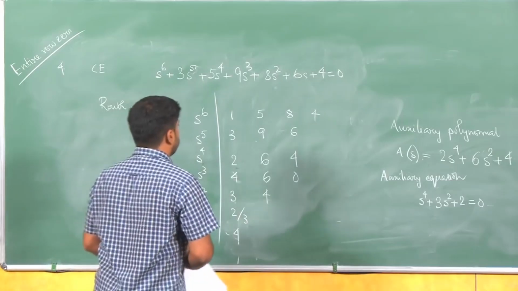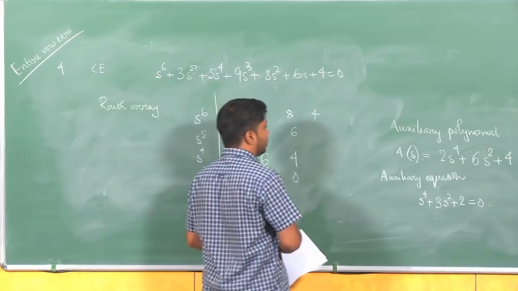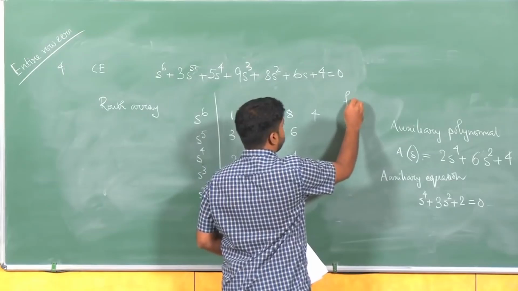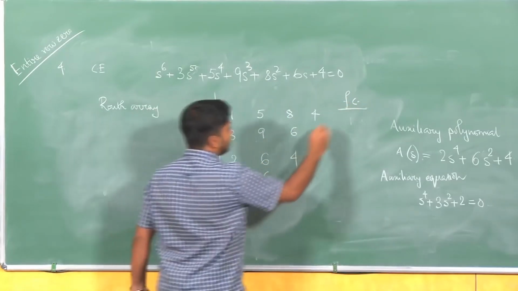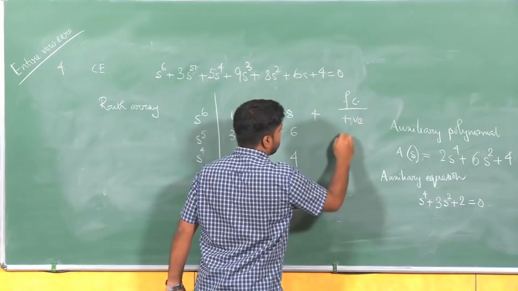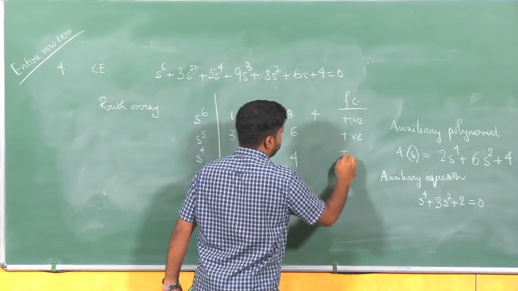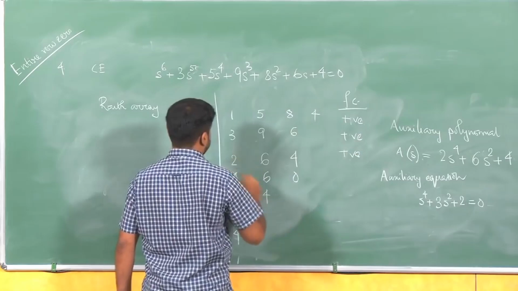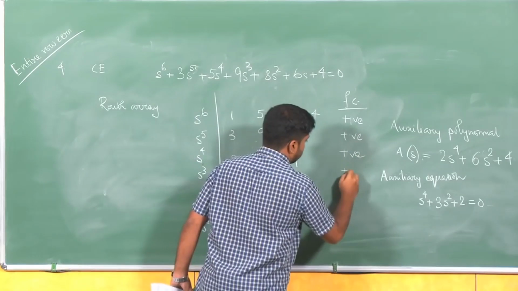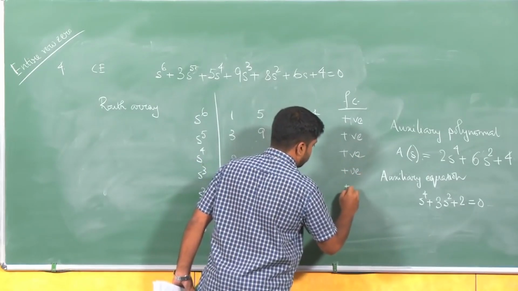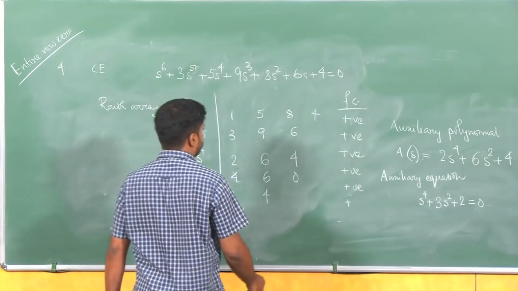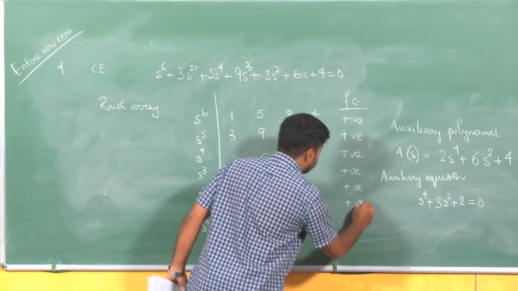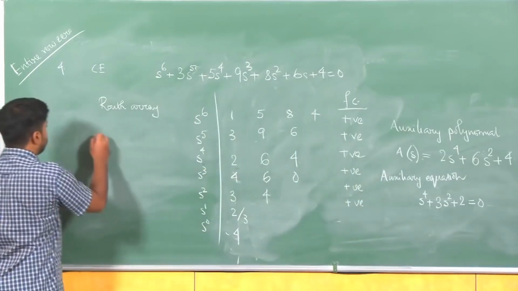Okay. So, just consider the first column. So, there are no sign changes. So, all the terms are positive, positive, positive, yeah, positive. So, there is no sign change.